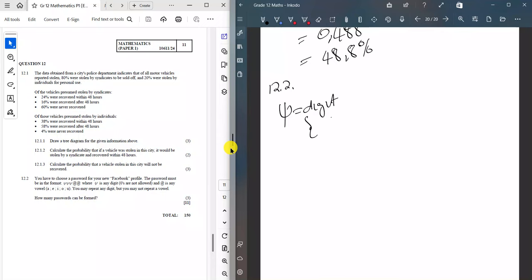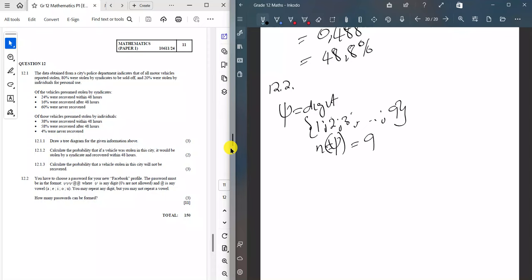So it starts from 1, and goes 1, 2, 3, and so on until 9. So this means we have 9 digits to choose from.